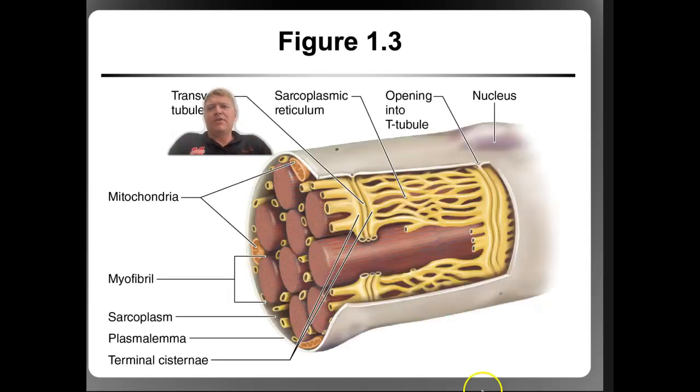All right, so here's the picture of everything we just talked about. You have the outer part of it, and then it gets smaller going down in. We talked about the sarcoplasmic reticulum that transports things. Then there's the opening to the T-tubule in between each section.